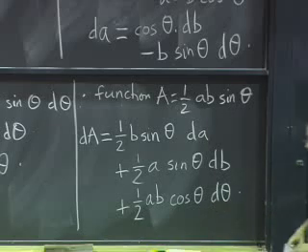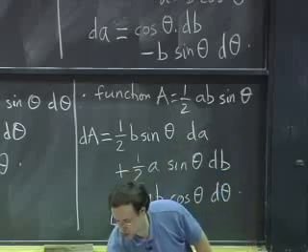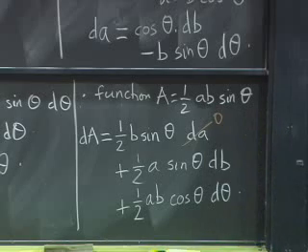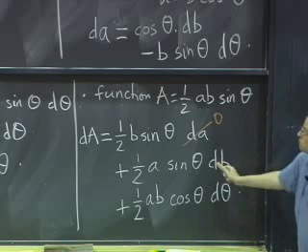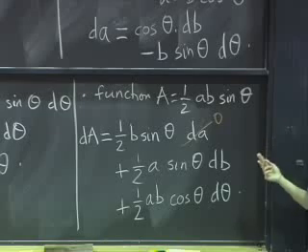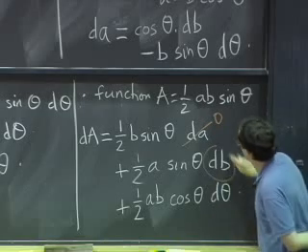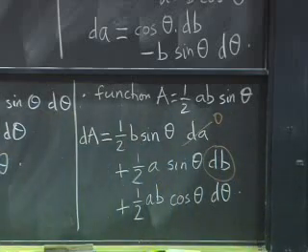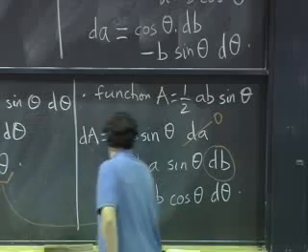Well, first I said a is constant, so dA is 0. Second, well, we don't like b at all, right? We want to view A as a function of theta. So maybe we actually want to use this formula for dB that we found in here.